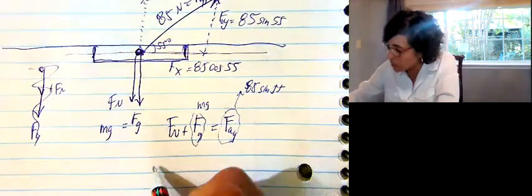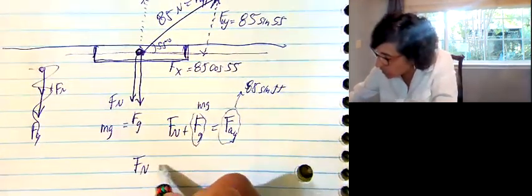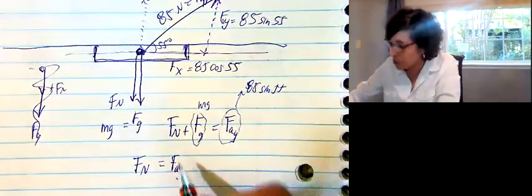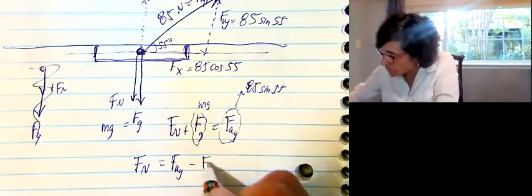So F of N is equal to F applied in the y direction minus mg. That guy is 85 sine of 55 minus mg. Good?